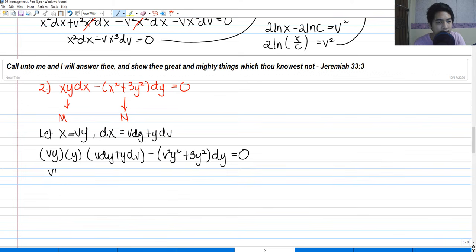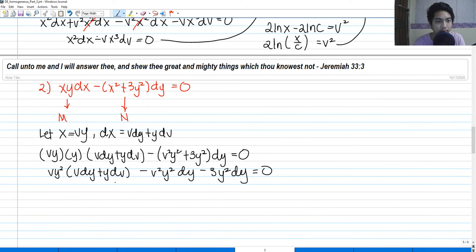So we have vy squared multiplied by v dy plus y dv minus, I can distribute the minus sign, v squared y squared dy minus 3y squared dy equals 0.